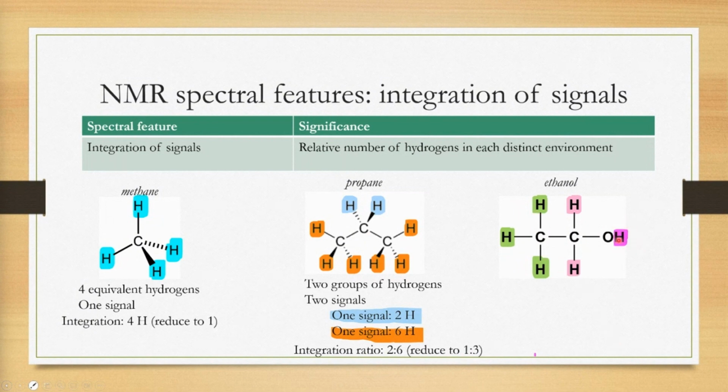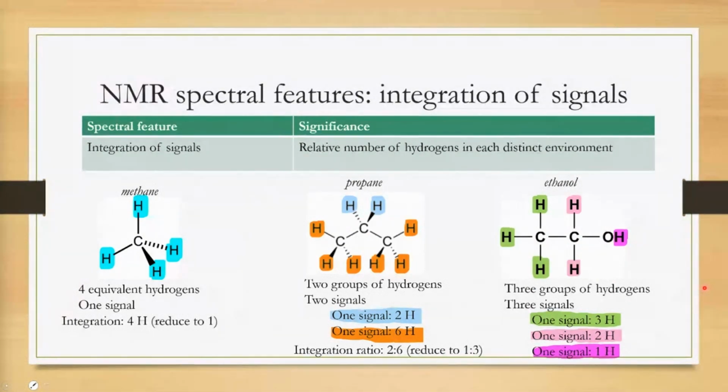And then we have an OH, and that hydrogen is in a unique environment. So for ethanol, we would expect to see 3 signals. 1 signal will correspond to these 3 hydrogens. 1 signal will correspond to these 2 hydrogens. And then 1 signal will correspond to this 1 hydrogen here.